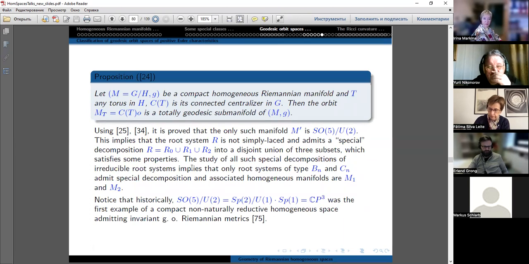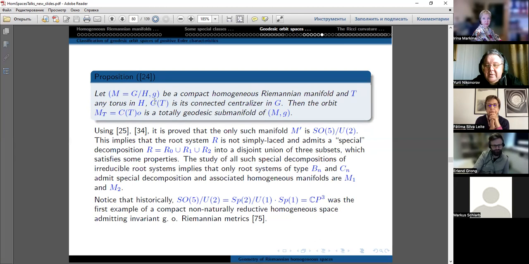Now, how to find these totally geodesic submanifolds? We have a good technical result by Alexeevsky. Let G/H be a compact homogeneous Riemannian manifold, and T any torus in H, the isotropy subgroup.